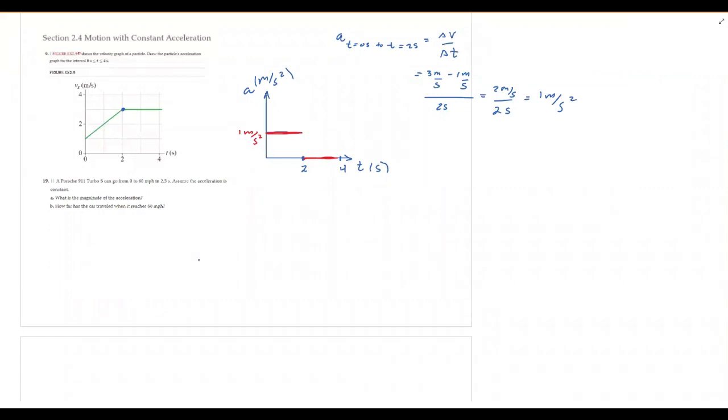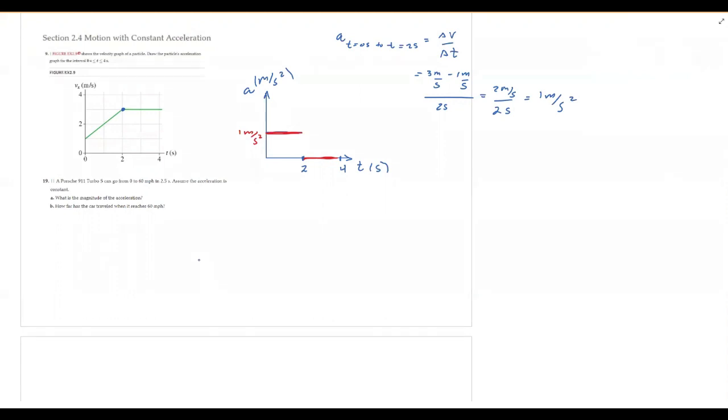the interval of velocity from 0 to 60 miles per hour. But later they give you the time in seconds. They ask you the magnitude of the acceleration. We are working in the International System of Units. The acceleration in the International System of Units is expressed in meters per second squared.